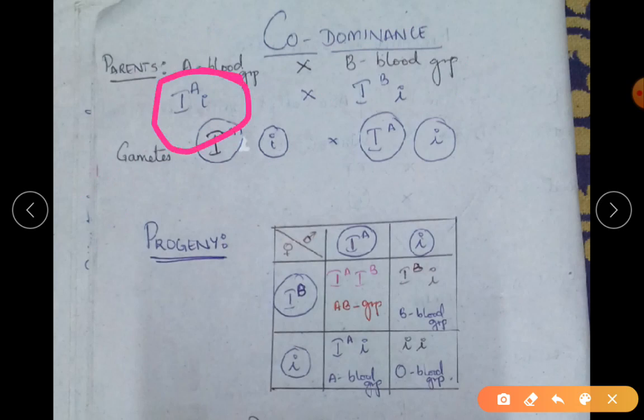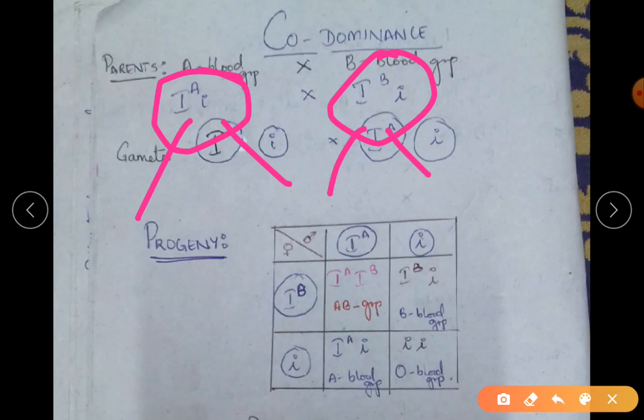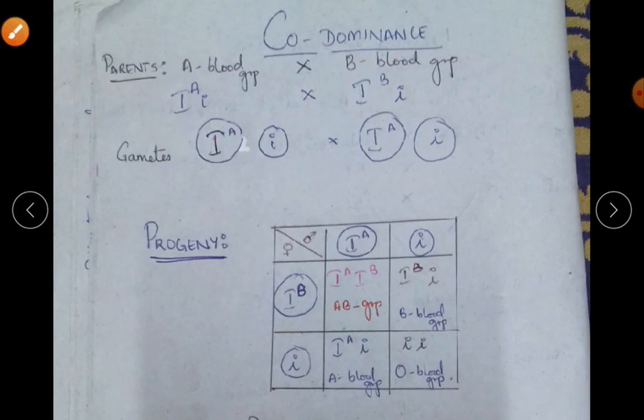So we have tried two cases. If the question is asked for 5 marks, then you have to mention two cases: when A blood group is homozygous, or when A blood group is heterozygous. Similarly here, two cases. Don't explain more, a maximum of two cases is enough, because it is asked for only 5 marks, not 10 marks.